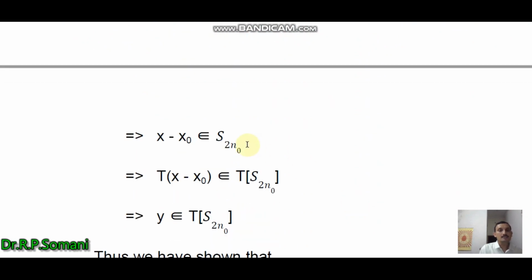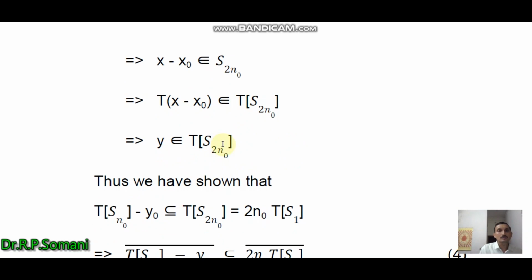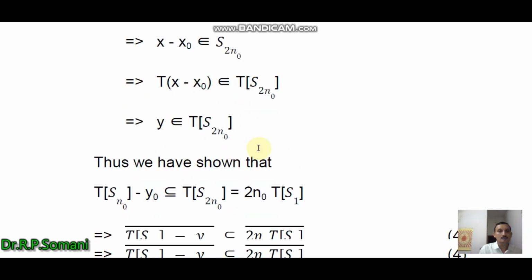So this implies x minus x0 belongs to S2n0, and therefore T of the x minus x0 belongs to T S2n0. This implies y belongs to T S2n0.